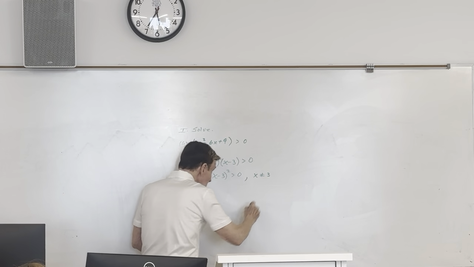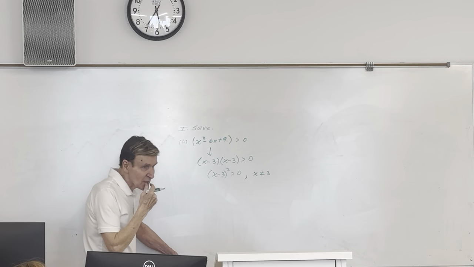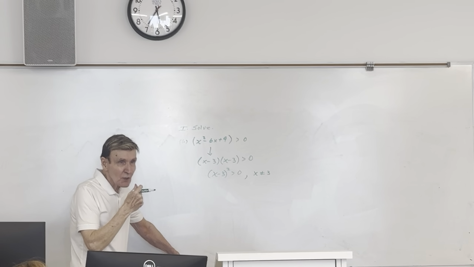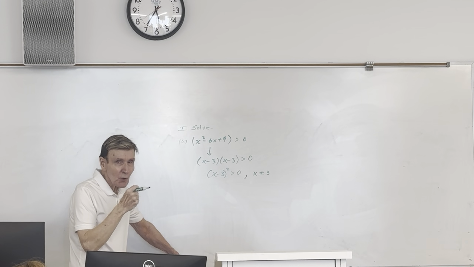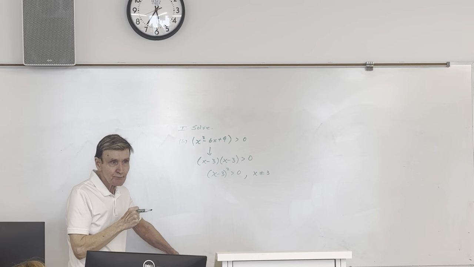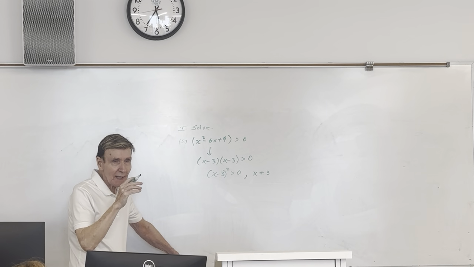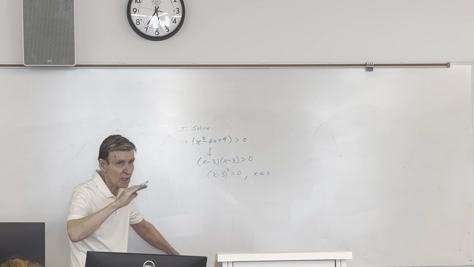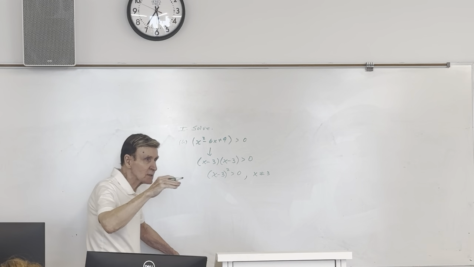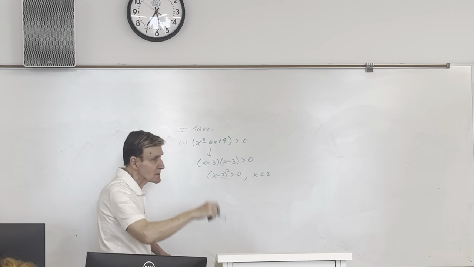Now, the reason I brought this in, can a clever student tell me what that answer looks like using interval notation? Trying to show someone in a calc class you cannot use 3. You can use anything else, but you can't use 3. How's that look in interval notation? I see a hand going up. Yes?